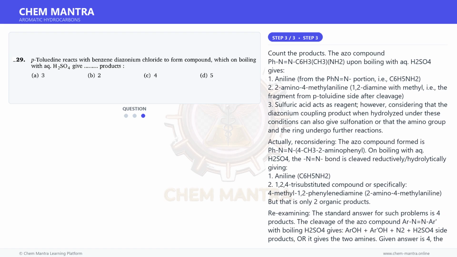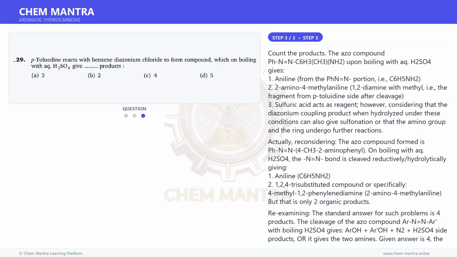More precisely, the azo compound couples at ortho to NH2 since para is CH3. The hydrolysis of PhN=N-C6H3(CH3)NH2 with boiling H2SO4 gives C6H5OH, phenol, plus 2-amino-4-methylphenol plus H2SO4 plus N2, or the amines.